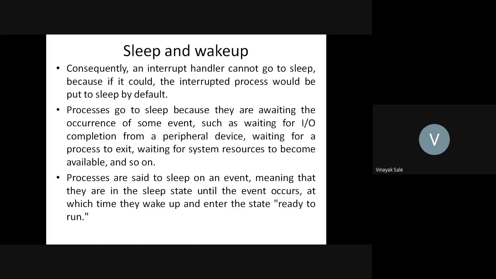Processes go to sleep because they are awaiting the occurrence of some event, such as waiting for input output completion from a peripheral device, waiting for a process to exit, waiting for system resources to become available, and so on.